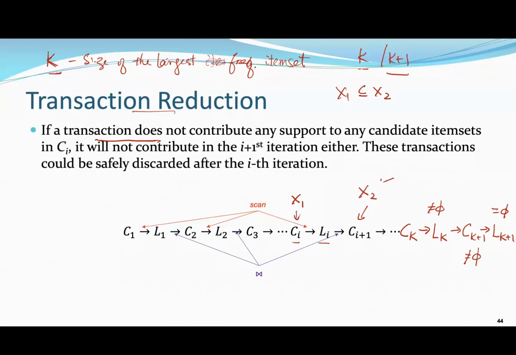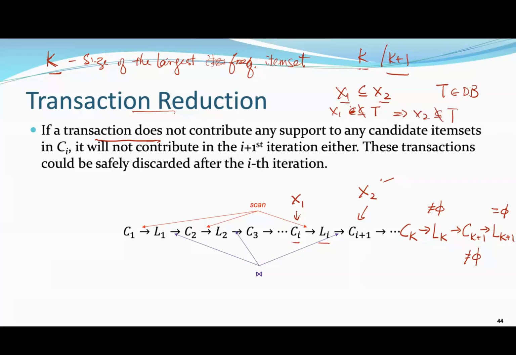So now, if we consider any transaction T in the database, all right? And let's say this transaction T does not support X1. That means that X1 is not a subset of T, all right? But given that X1 is a subset of X2, if X1 is not a subset of T, it means that X2 cannot be a subset of T either, right?